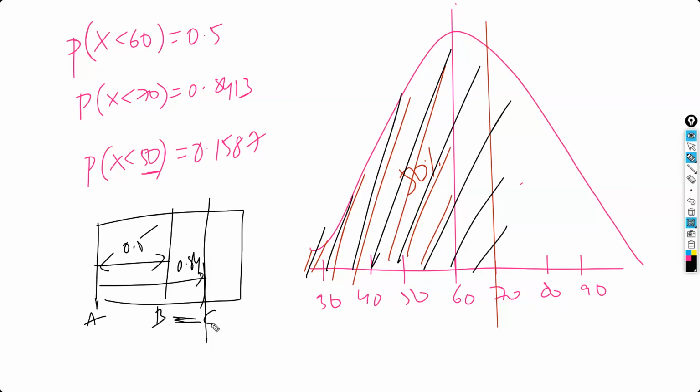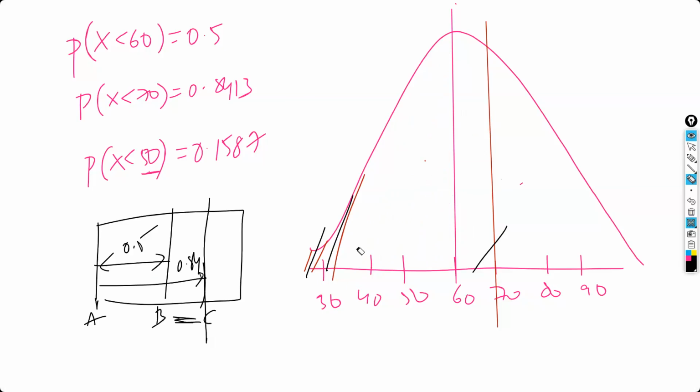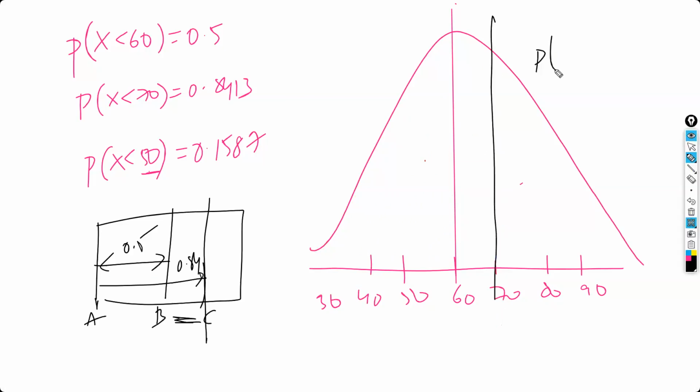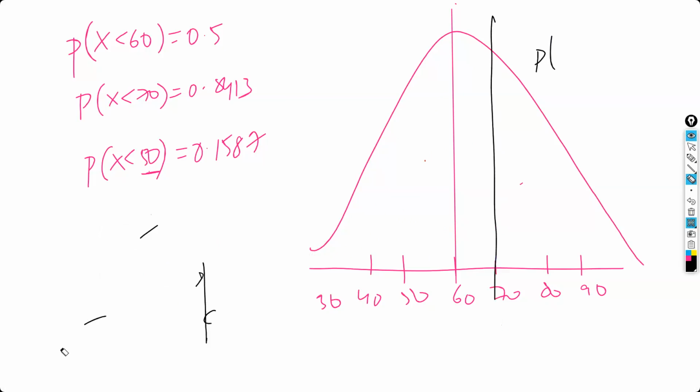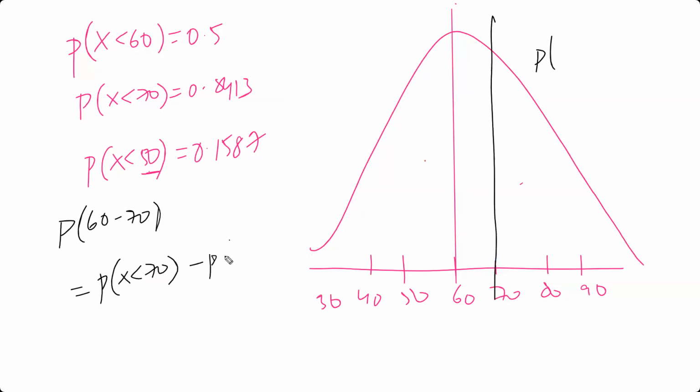Everyone, so what is the area between 60 to 70? What is the probability between 60 to 70? First you have to calculate the probability of x less than 70 minus the probability of x less than 60.